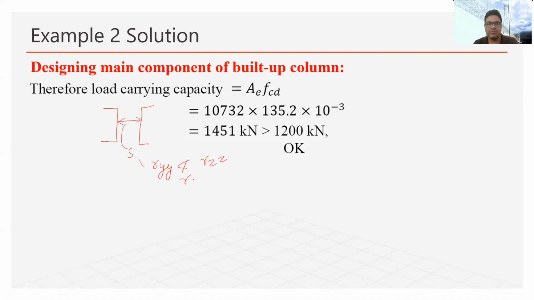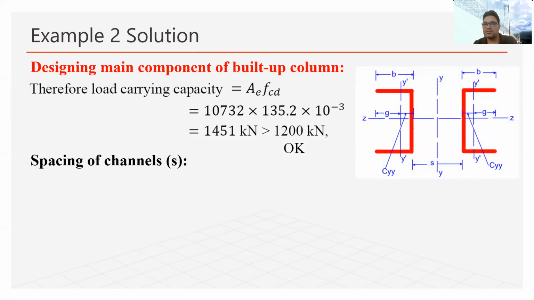So if we equate them as RYY equals RZZ, using this phenomenon, we will find out this value S. So that is our next process, which is the spacing of the channels. So in this case, you can see we are supposed to find out this S value.